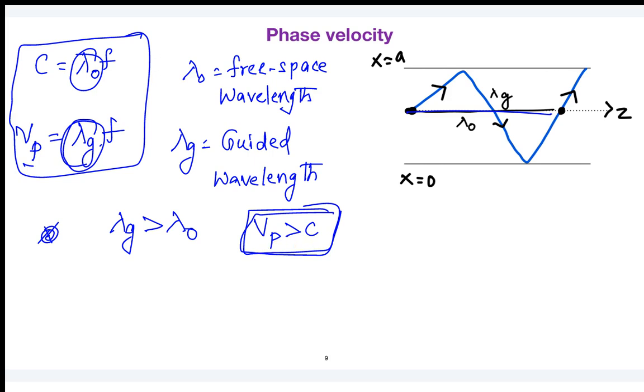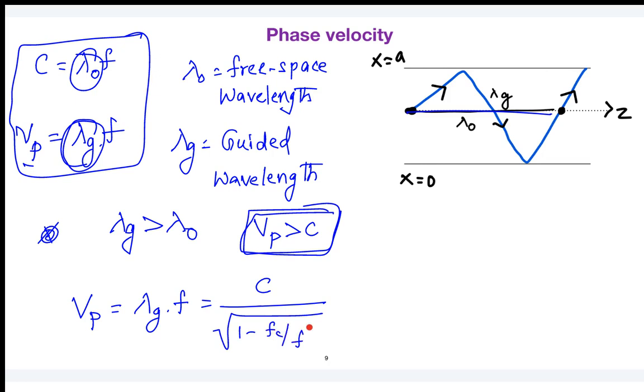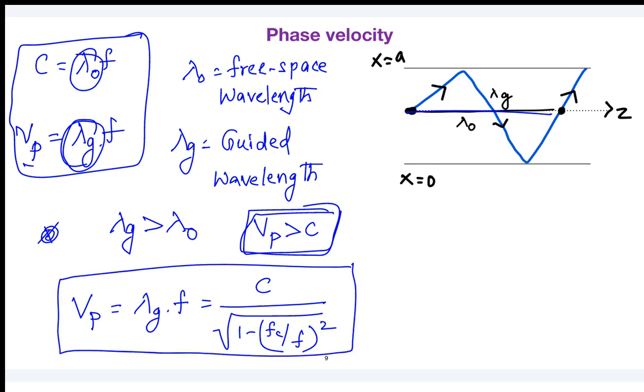So what is the final thing I can say? The phase velocity is equal to lambda g into f, which is equal to c divided by root over 1 minus (fc by f) whole square. There are three wavelengths to consider. Lambda naught is called the free space wavelength.